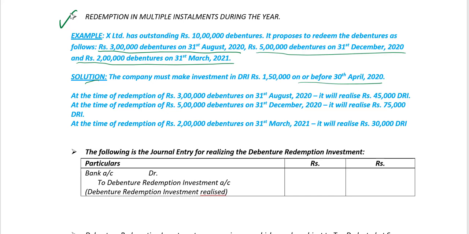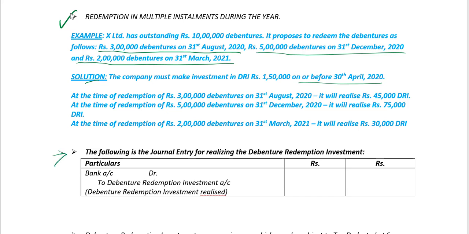And finally, at the time of redemption of rupees 2 lakh debentures on 31st March 2021, it will realize rupees 30,000 DRI, 15% of rupees 2 lakh. So this is the way the realization of DRI will happen when there is redemption in multiple installments during a given year.